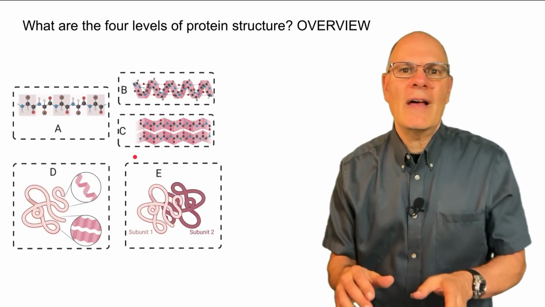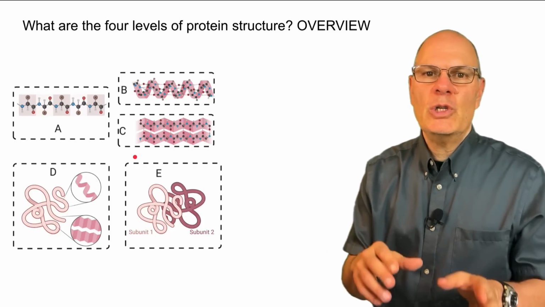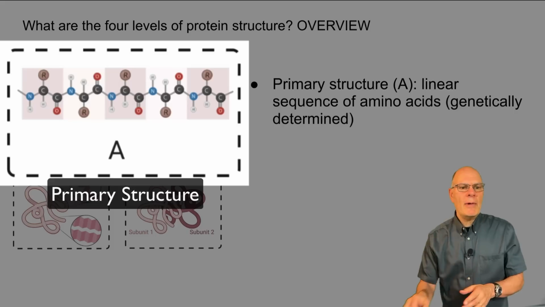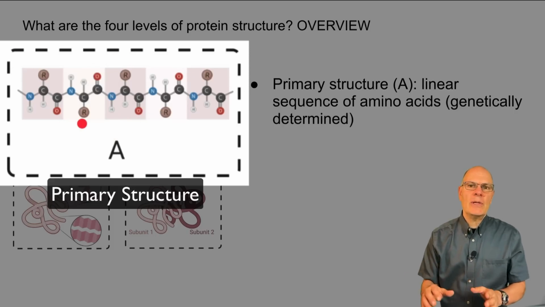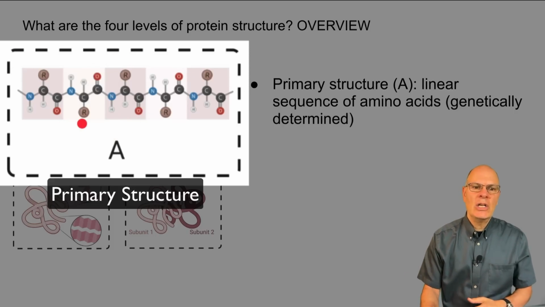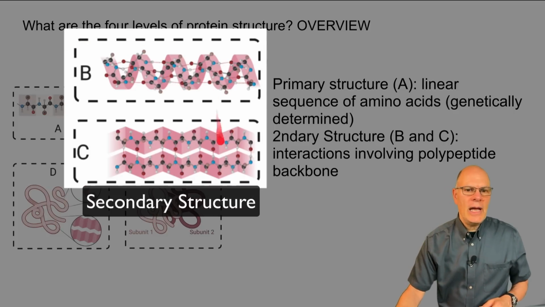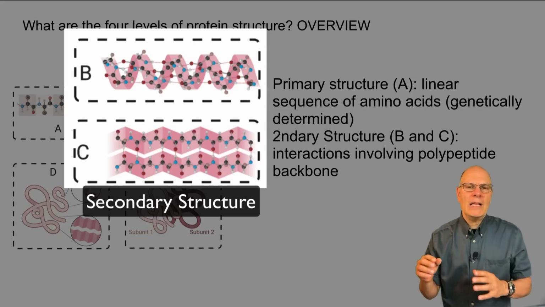There are 4 levels of protein structure. This is a super important topic. We're going to do an overview and then we're going to walk through all 4 of these levels. Primary structure is what's shown over here in A. It's a linear sequence of amino acids. It's genetically determined. The secondary structure, which is shown here and here, those are interactions that involve what's called the polypeptide backbone.